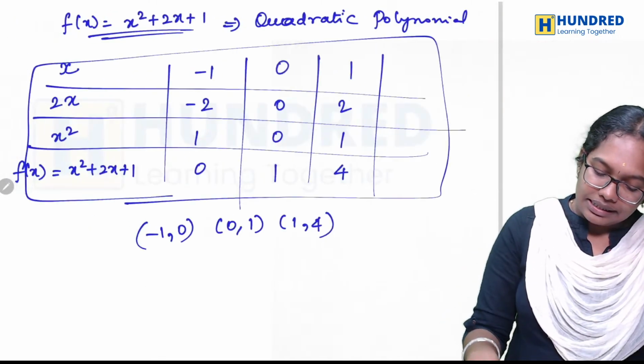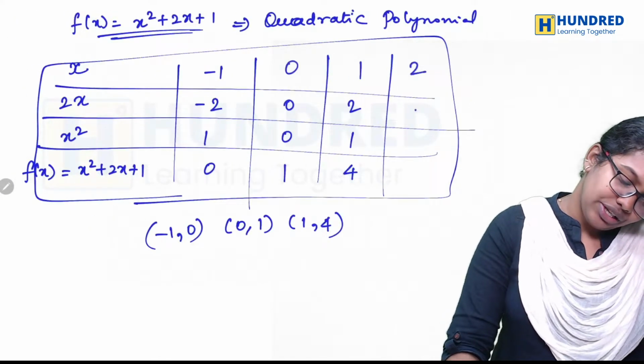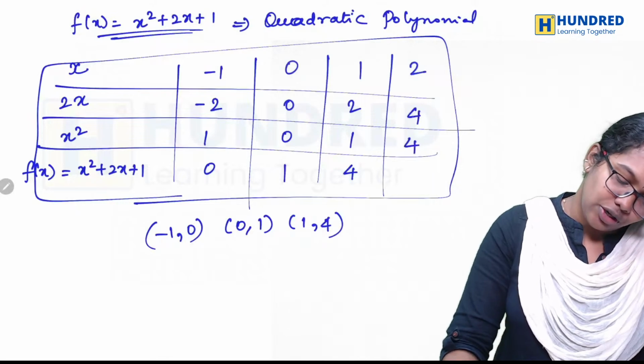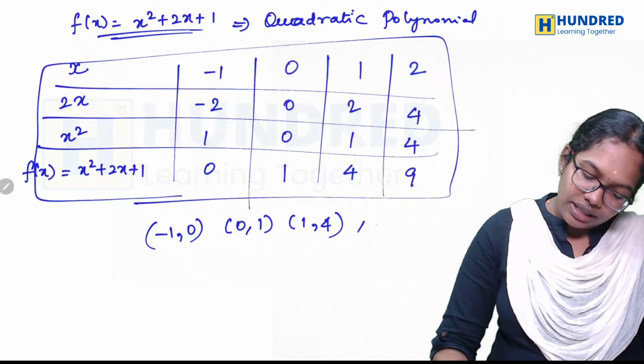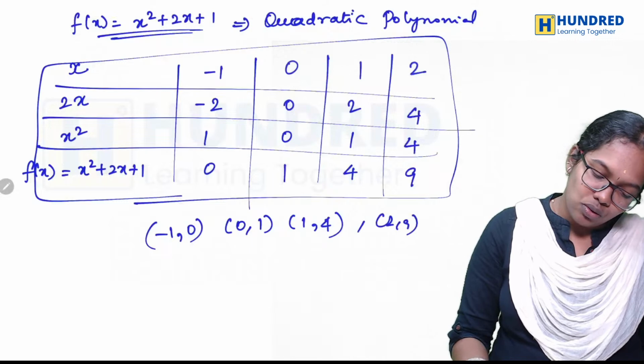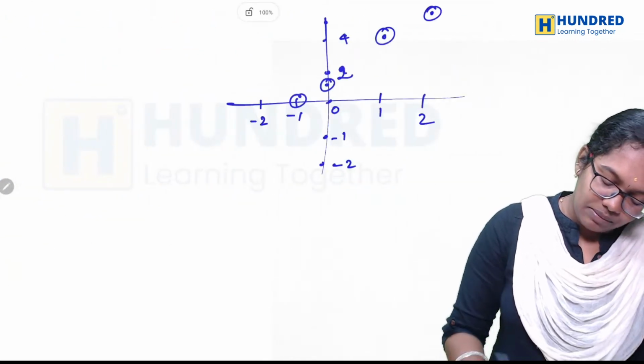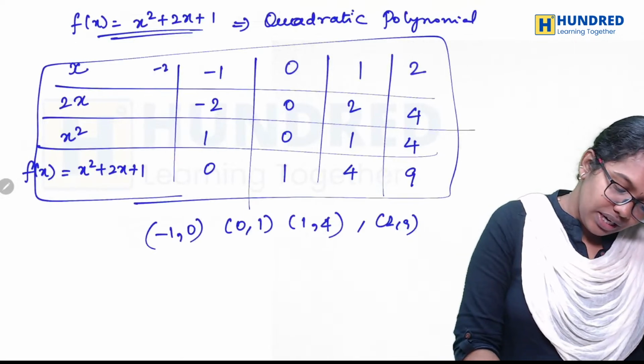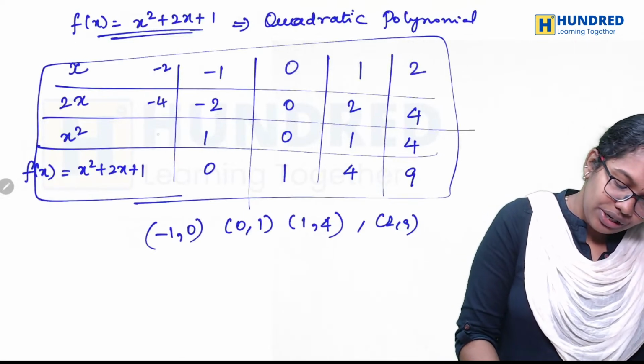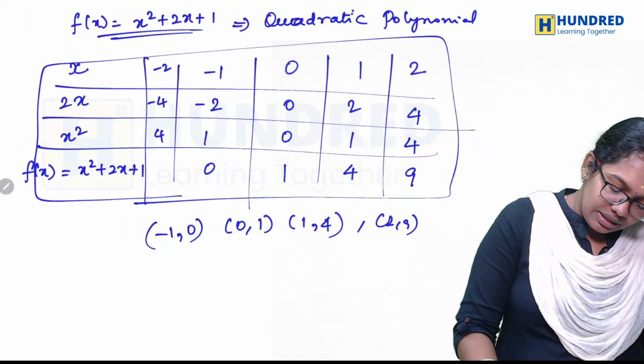When you extend the same thing, if it is 2, here it is going to be 4, here is also going to be 4, here it is 9. So then it is 2 comma 9, right? 2 comma 9 will be here somewhere. If we take minus 2 here, minus 2 will be minus 4, here it will be 4 and here the value would be 1.